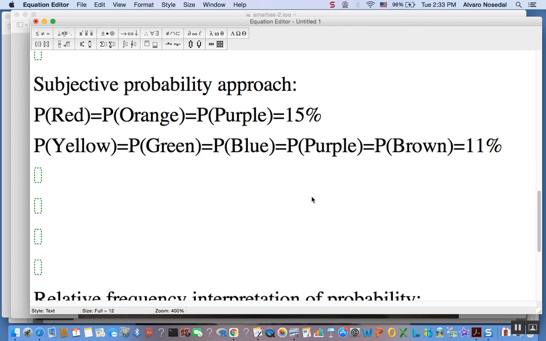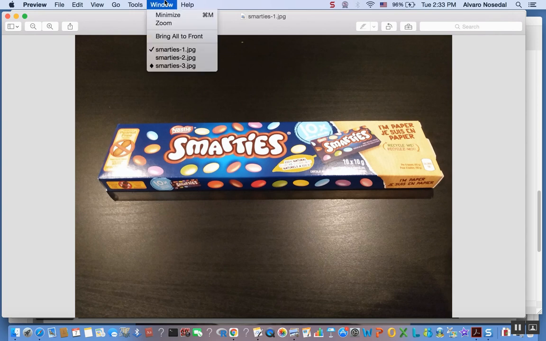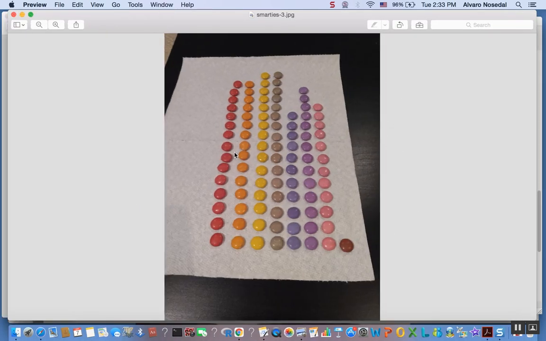Let me show you a graphical representation of the results I got based on drawing 100 Smarties. Okay, I think I got it here. Yeah. So, from this graph, we can estimate the probabilities of each color.